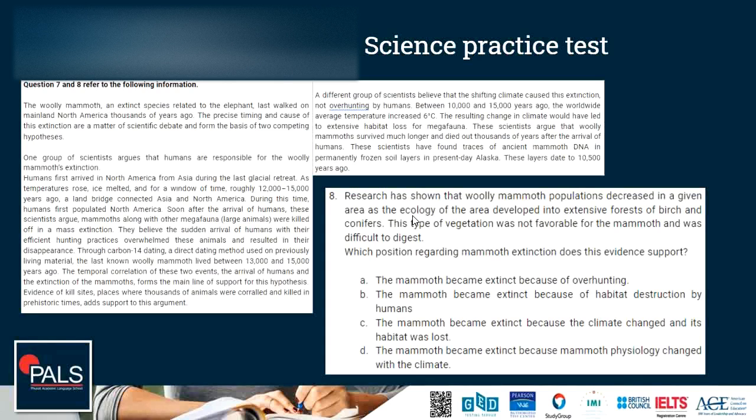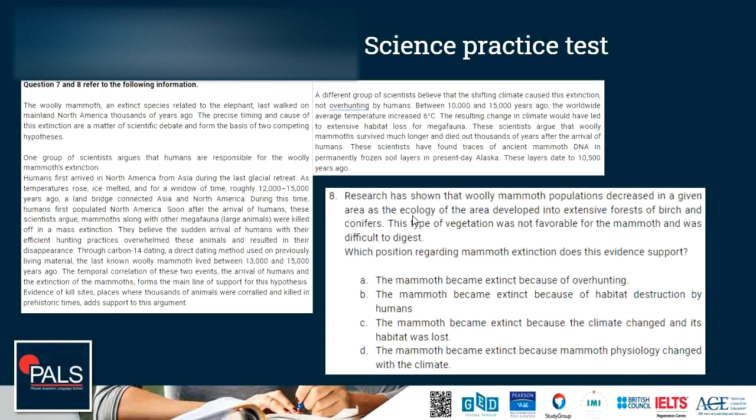Because of the change in climate, the ecology changed into other forests of birch and conifers, and what we are told here now is that this type of vegetation, this type of food for mammoths was not favorable and difficult to digest. So mammoths, as it looks like, went into a food problem, finding sufficient food.